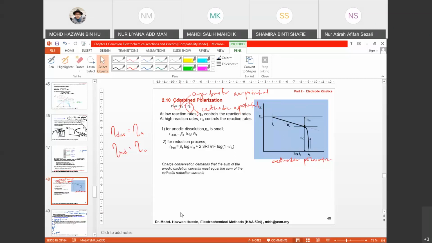At the higher reaction rates, the cathodic overpotential controls the reaction rate. So what does eta mean? This is the dissolution overpotential. Dissolution process occurs at the anodic site. So that is what I wrote over here. Eta dissolution is equal to the anodic overpotential. Meanwhile, reduction overpotential is equal to the cathodic overpotential.